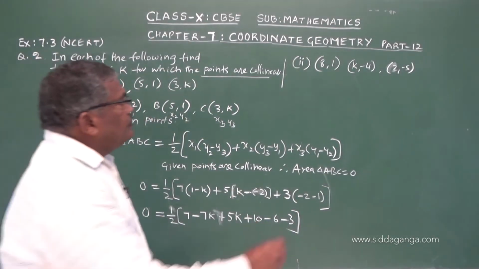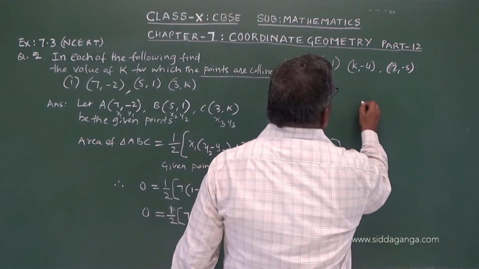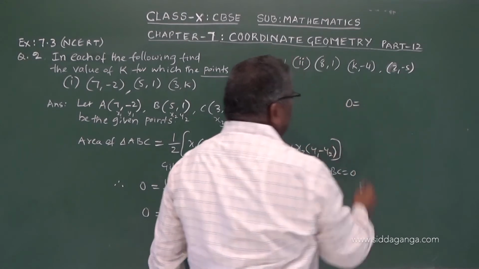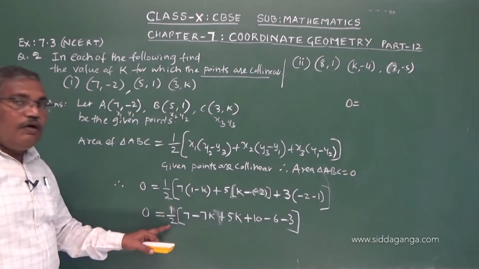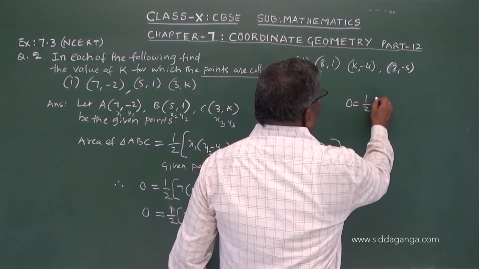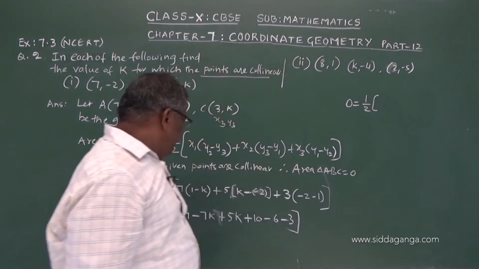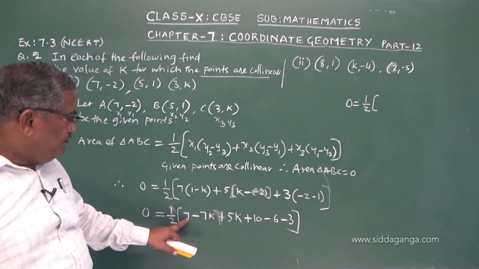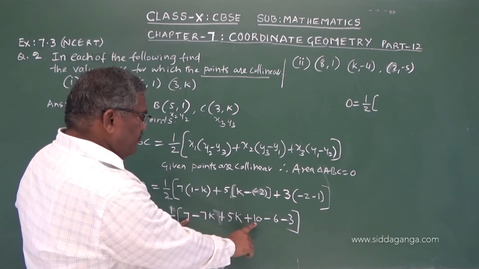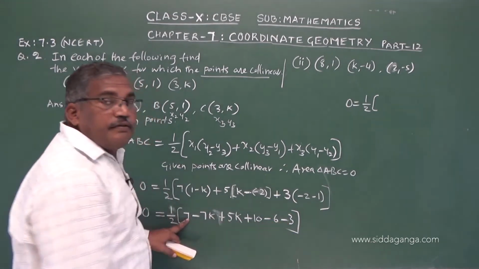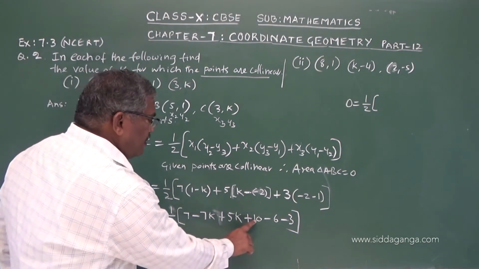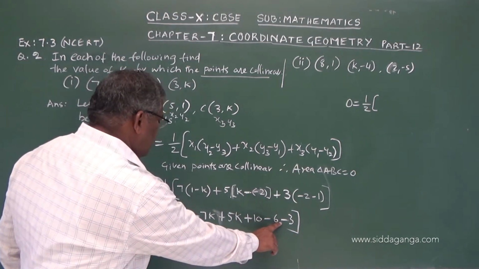Now, continuing from here, 0 equals 1 by 2 into, if you simplify this, add the plus values: 7 plus 10 is 17, and 17 minus 9 is 8.